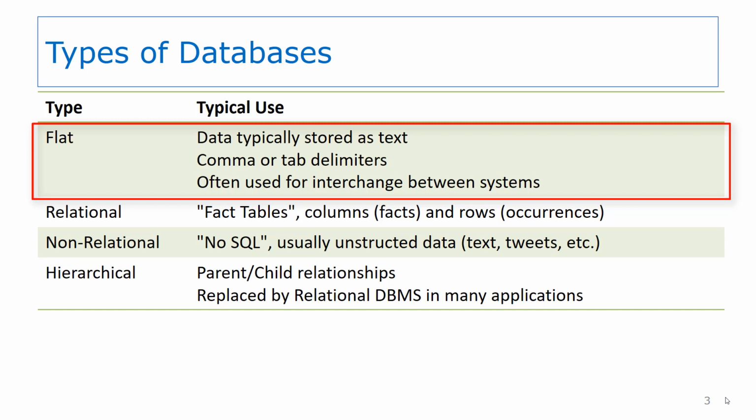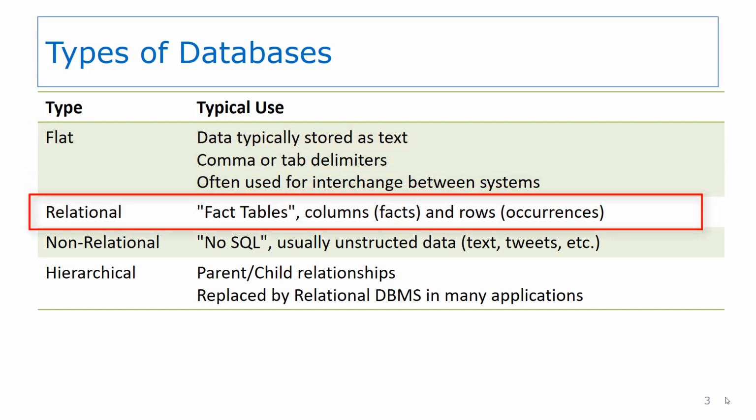When you type the tab character on your keyboard, you don't see a character, but the tab is recorded along with the data, and a computer program can work with the tab. Flat files are typically used to export data from one database and import it into another. You'll learn more about exporting and importing data later in this course.